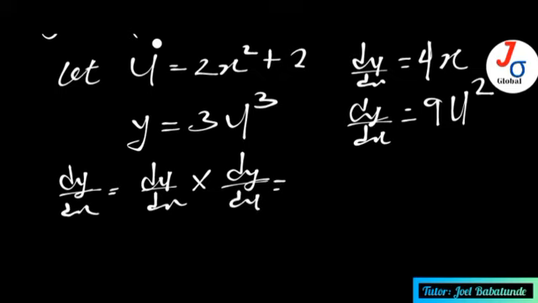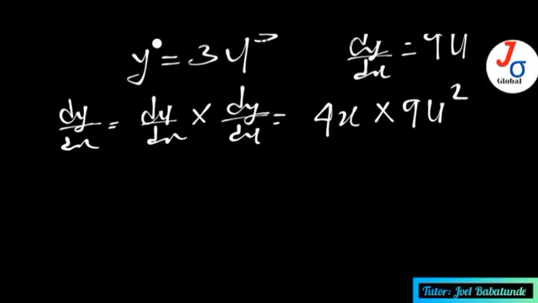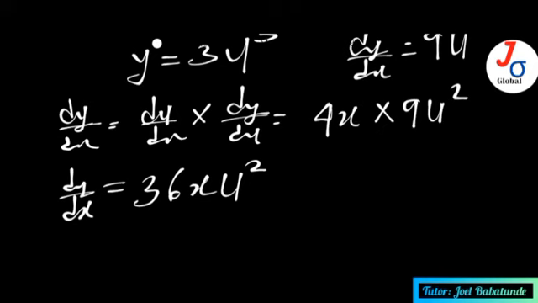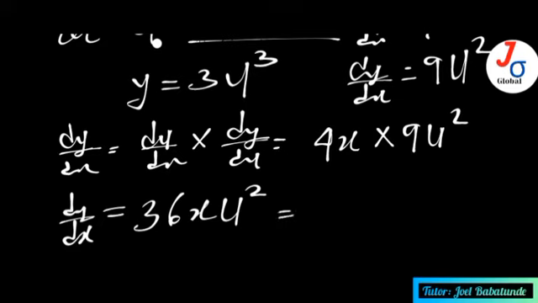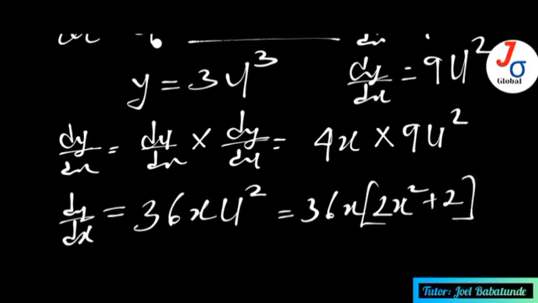So that's 4x multiplied by 9u squared. So 4 times 9, so dy/dx is 4 times 9, which is actually 36x u raised to the power of 2. But recall that you made your u something, 2x squared plus 2. So that becomes 36x into (2x squared plus 2) all raised to the power of 2. So this is your final answer.